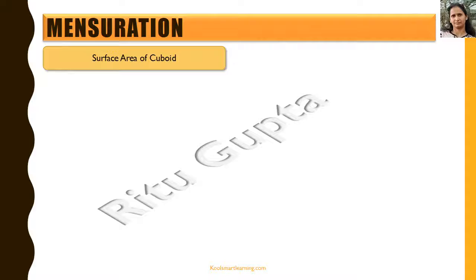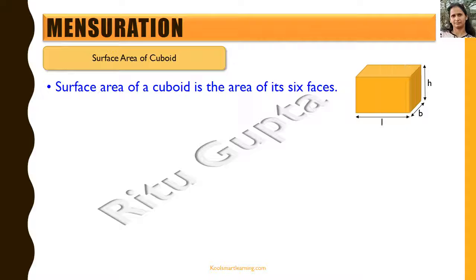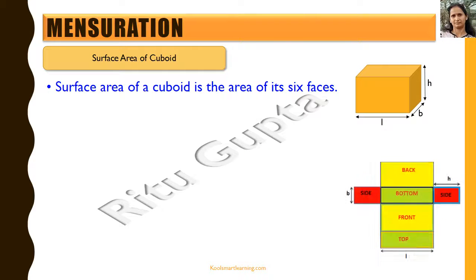Let's see how we find out the surface area of a cuboid. A cuboid is this kind of figure which has 6 faces. If we open this box, we see that this is the top, and corresponding to the top is a bottom which does not show up in this 3-dimensional figure.